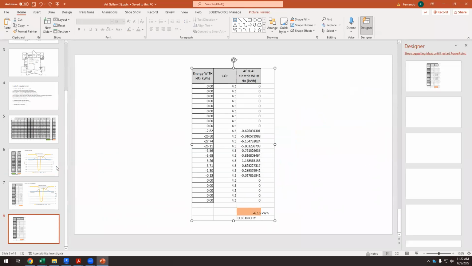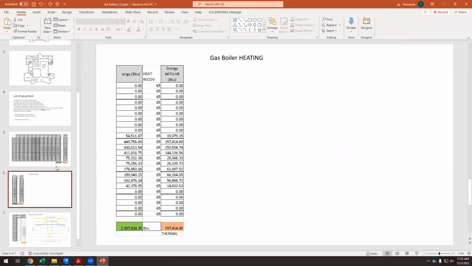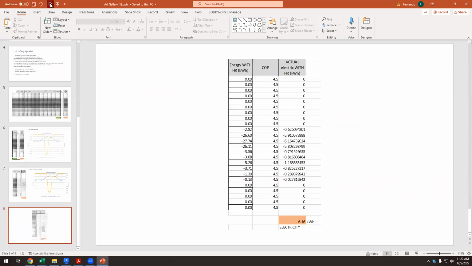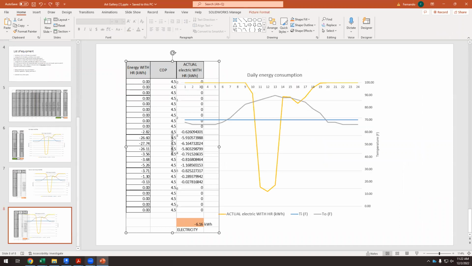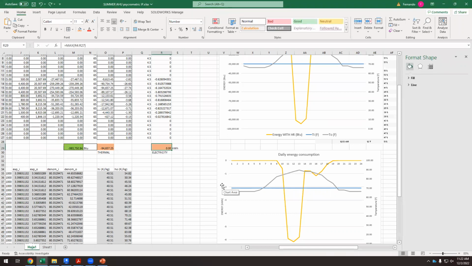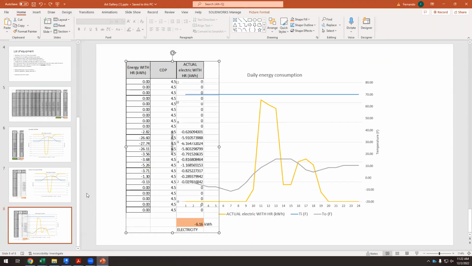If I undo this, no. But if I undo what I did in the Excel file, now that changes.